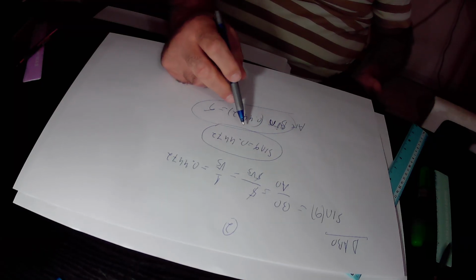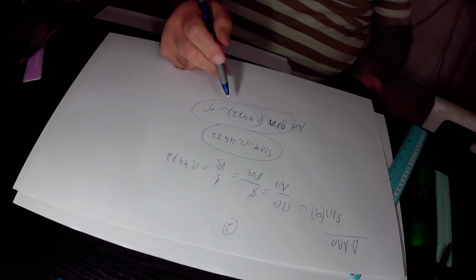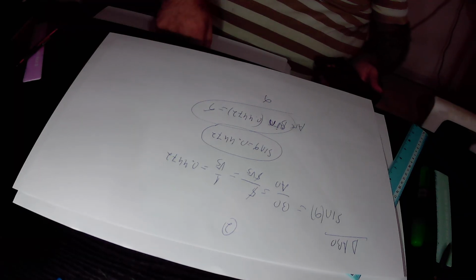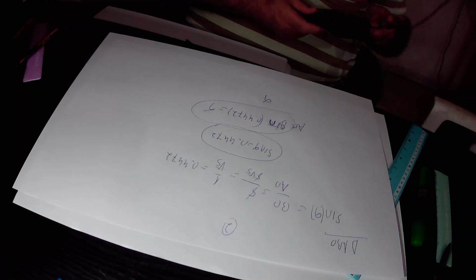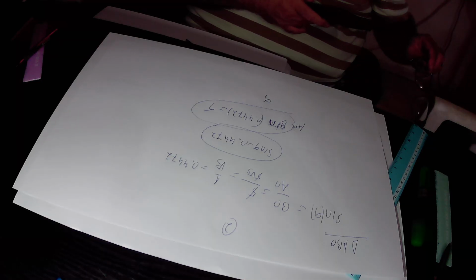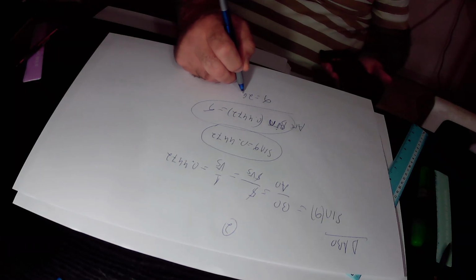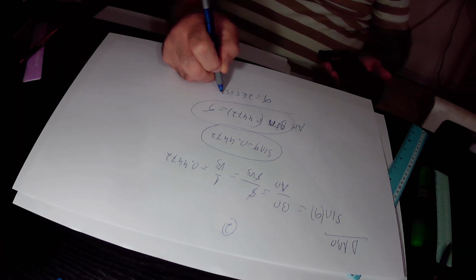Arc sine of 0.4472 equals alpha, and we get that arc sine of 0.4472 is equal to 26.565 degrees. Alpha equals 26.565 degrees in its size.